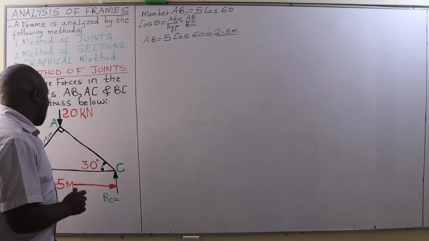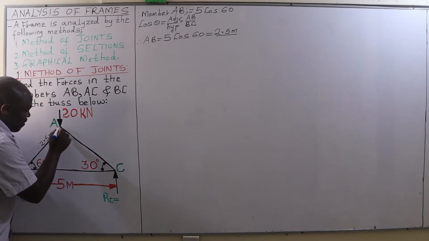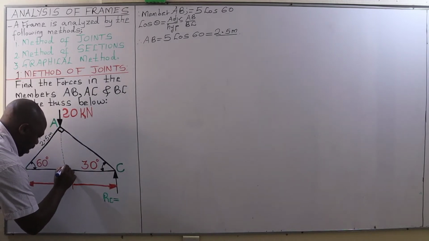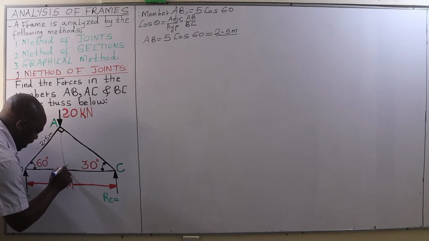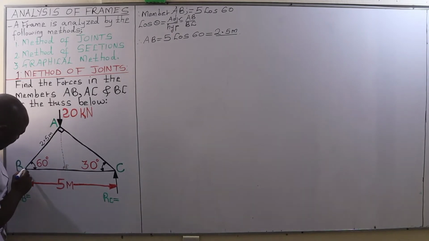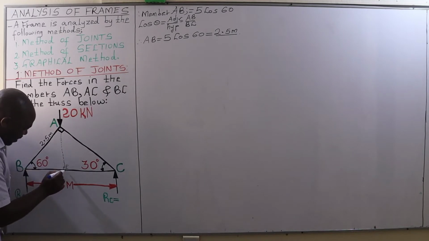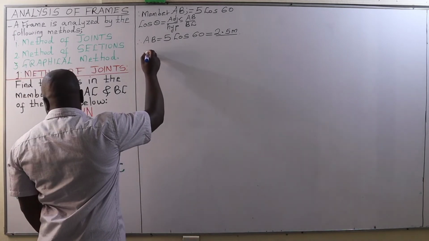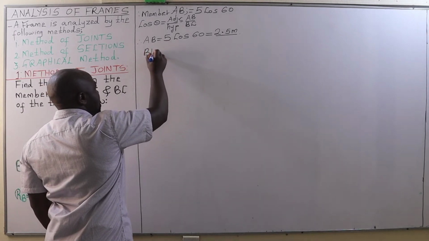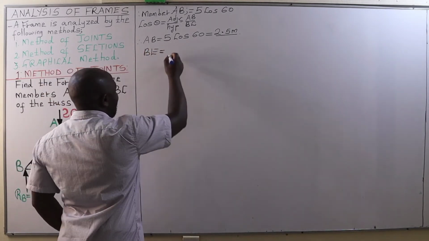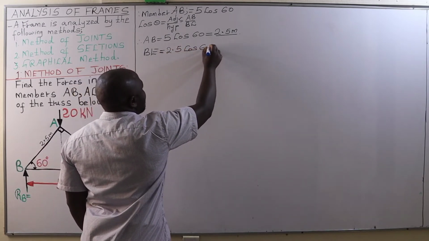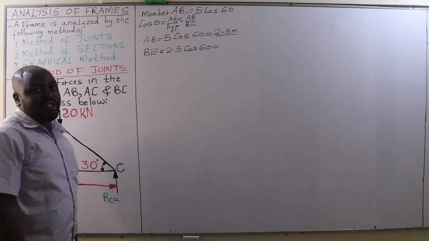Now from there, we are going to determine the distance of the line of action of 20 kilonewtons from B. Let's call this point E. Therefore, the length of member BE, or that distance BE, where 20 kilonewtons is acting, its line of action, is going to be given by 2.5 cos 60.